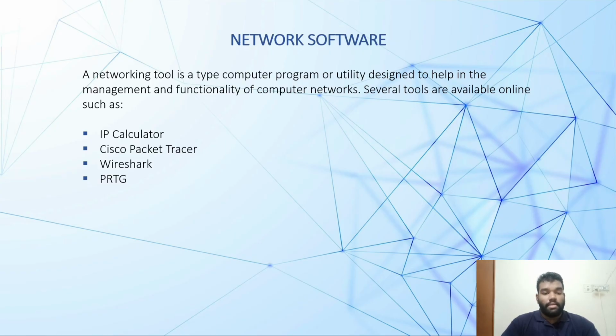Cisco Packet Tracer is a network simulation software and helps to design and configure networks virtually. Wireshark. Wireshark provides a live view of network traffic. PRTG. PRTG helps monitor health and performance of networks, servers, cloud services, and applications.